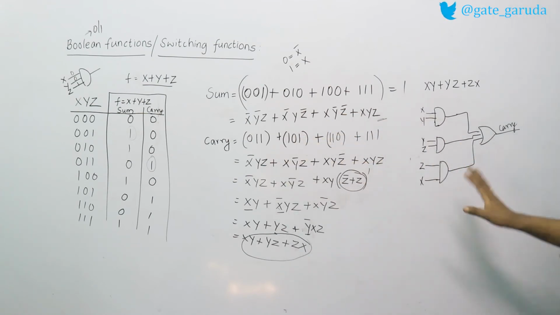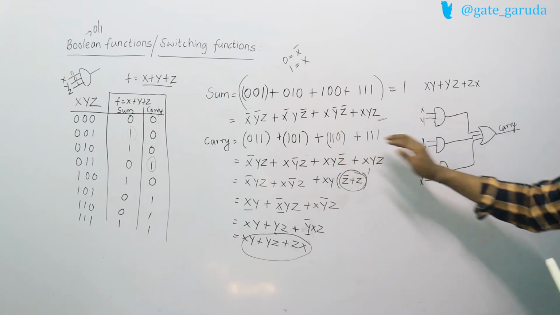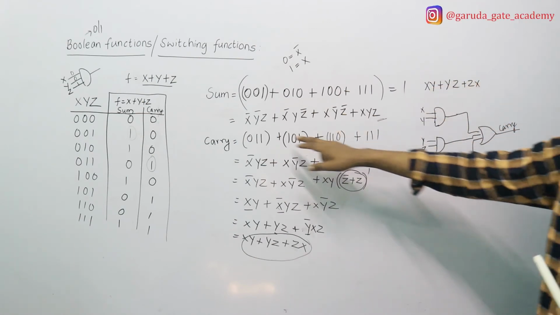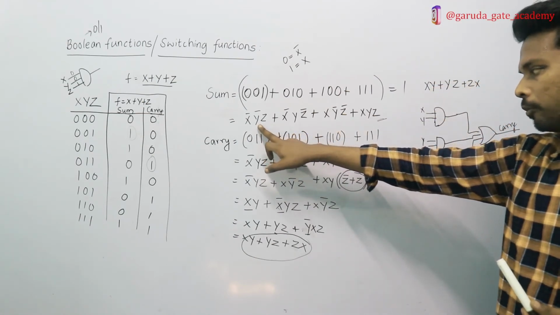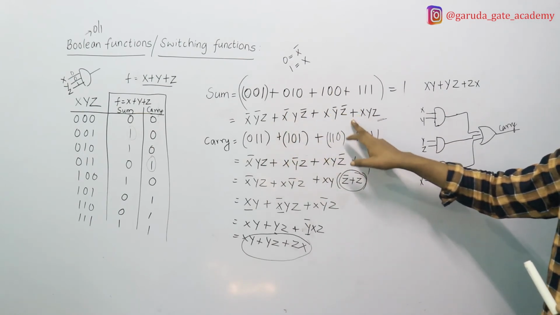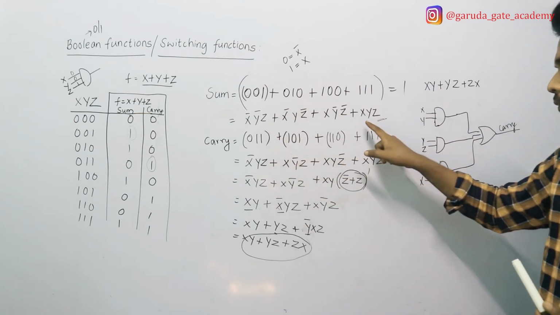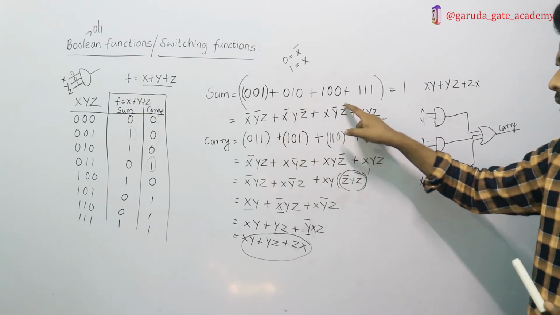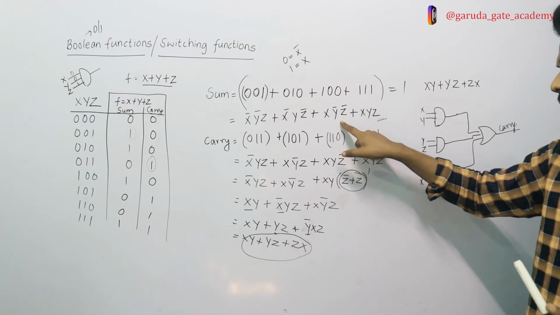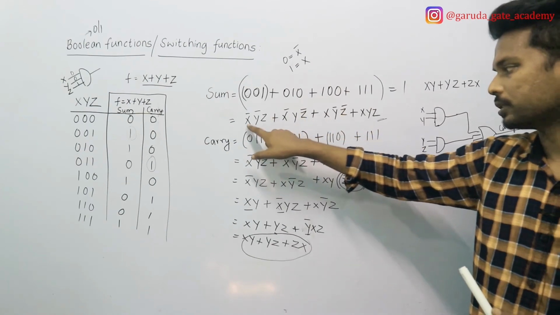Okay, similarly we can develop a circuit using this expression. We're going to take 3 input AND gates, 1 AND gate, 2, 3, 4 AND gates, and how many OR gates? 1, 2, 3 OR gates, and we also require negation, NOT gates. Okay, 1, 2, 3, 4, 5, 6 NOT gates.